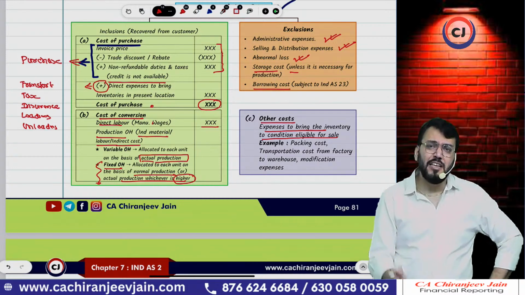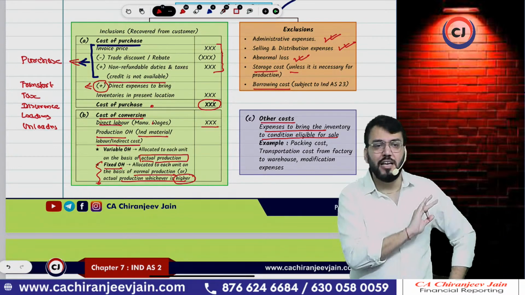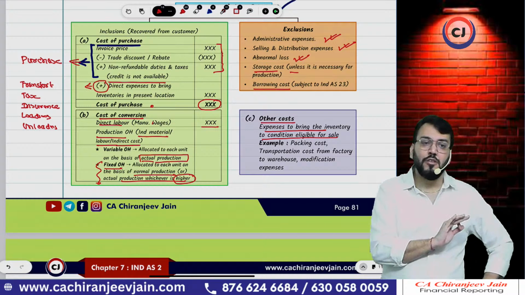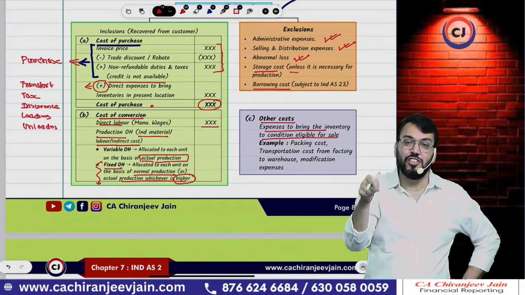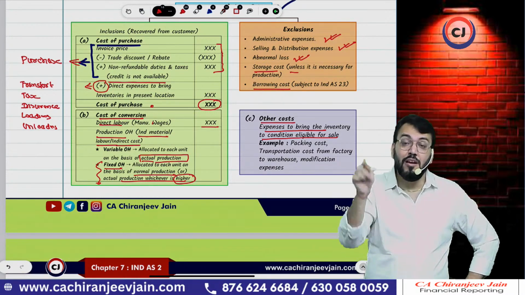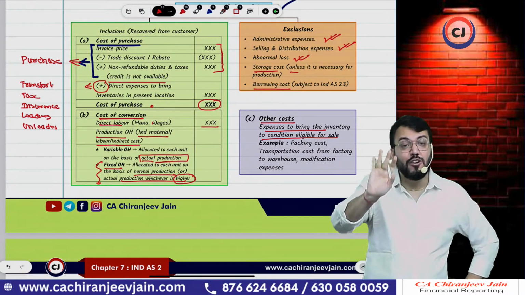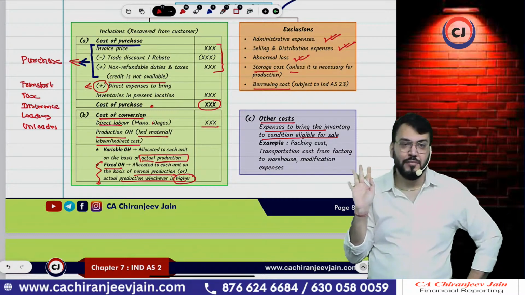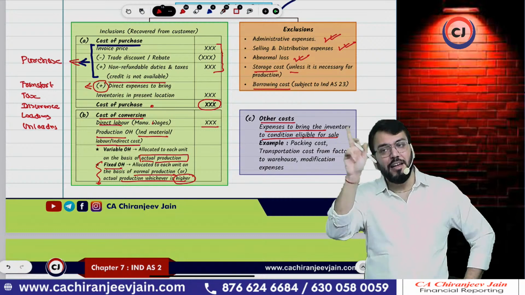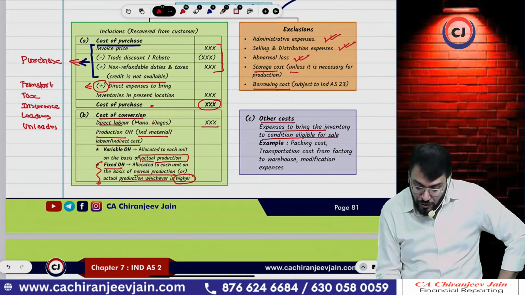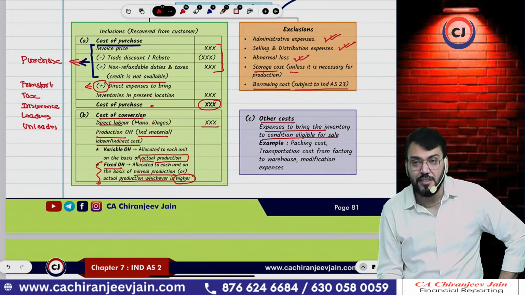And borrowing cost: Ind AS 2 is silent on borrowing cost, but we need to refer to Ind AS 23 for that, which is AS 16. Ind AS 23 says that if it is a qualifying asset, it can be included. Detailed discussion we'll do in Ind AS 23. So borrowing cost is subject to Ind AS 23.